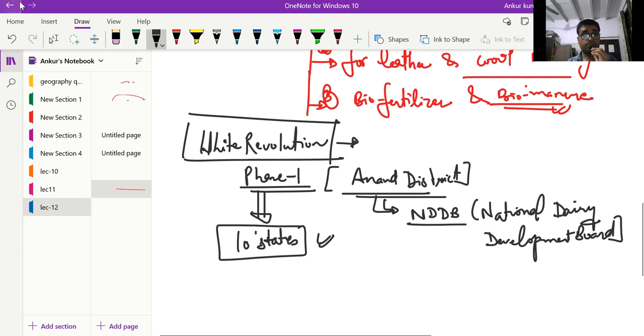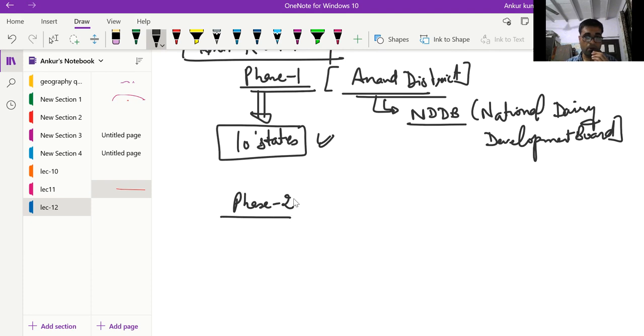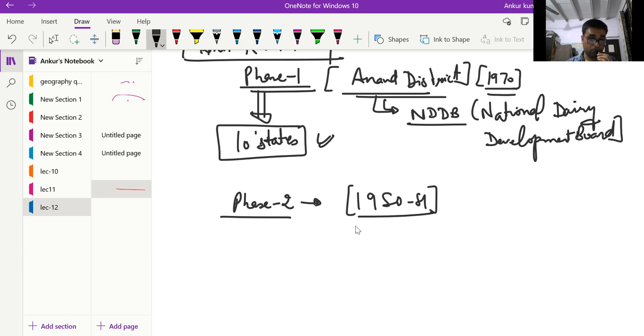In the second phase, the scope of the program was further expanded. Phase number 2 was launched in 1980-81, while phase 1 started in 1970.